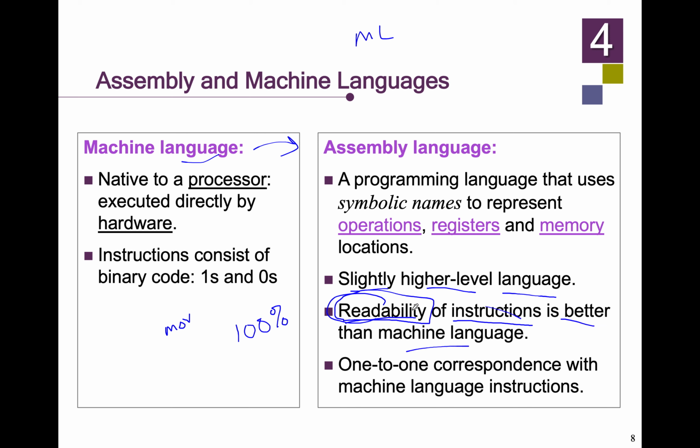Of course, compared to machine language, you cannot understand that. So it is much better, and it has a one-to-one correspondence with your machine language instructions. So you have the one-to-one correlation between your machine language and your assembly language.